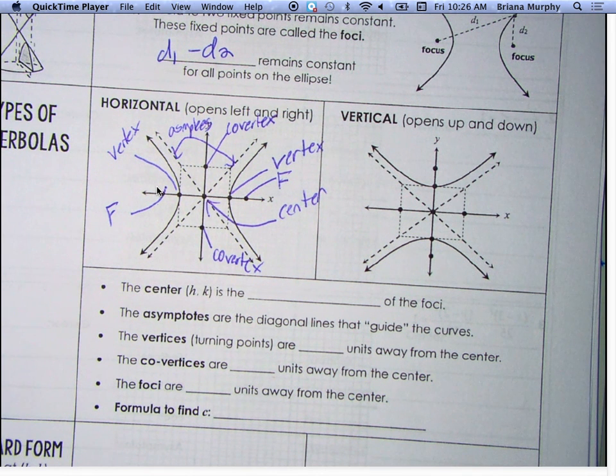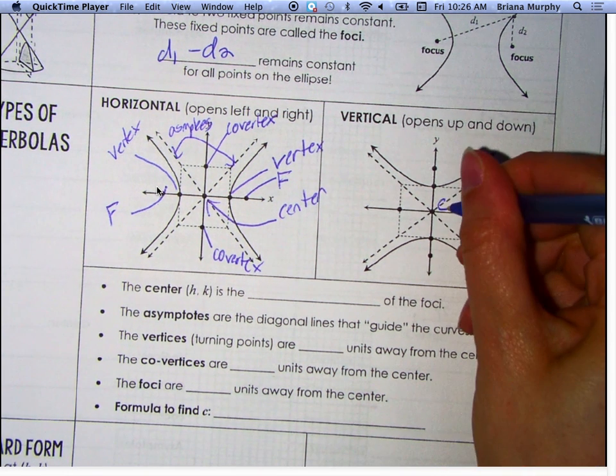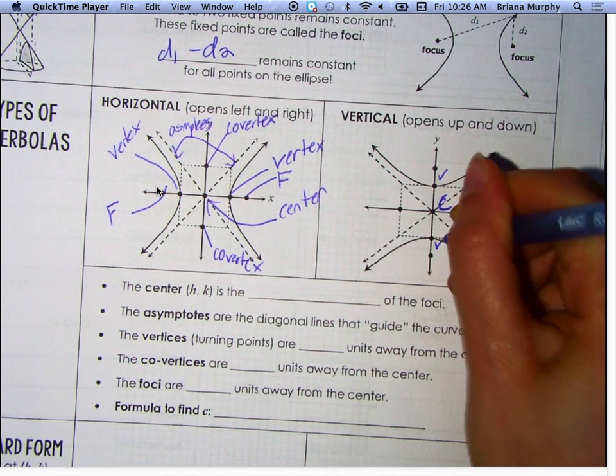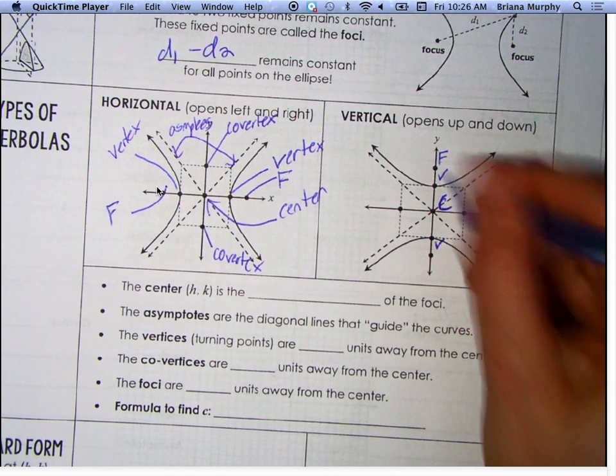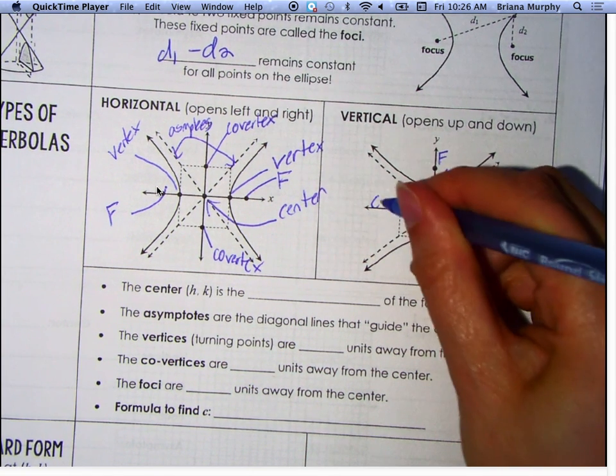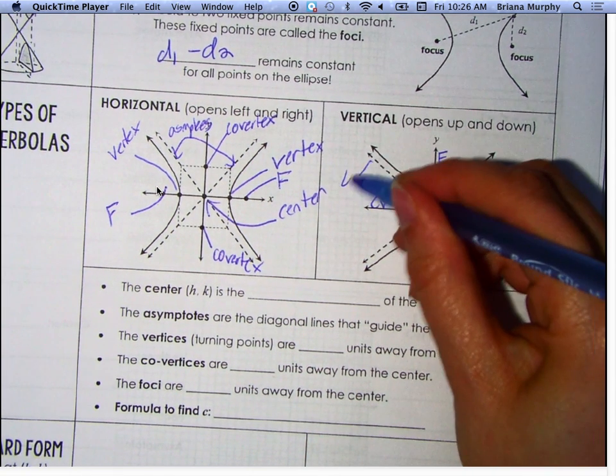Okay, so this is the center. These are both vertices. These are both focus points. These are your co-vertices. And these are your asymptotes.